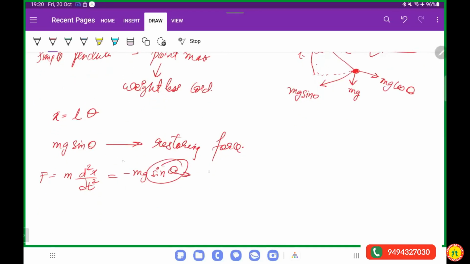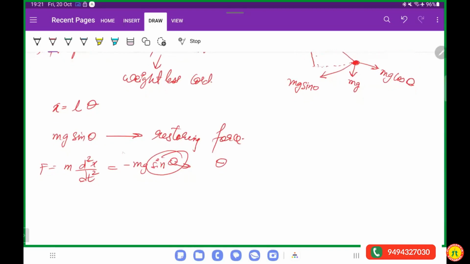So in this one, the angle theta is very, very small, so we'll consider only theta, just displacement. The restoring force has a minus sign, it indicates what? It is the opposite direction. So m d square x by dt square equals minus mg sin theta, which means theta.